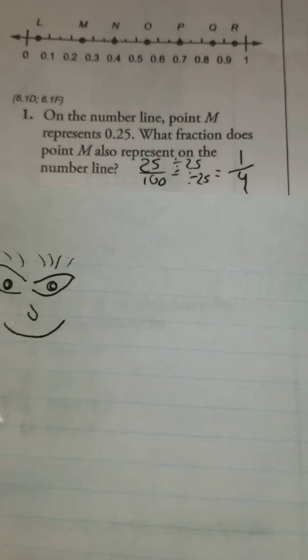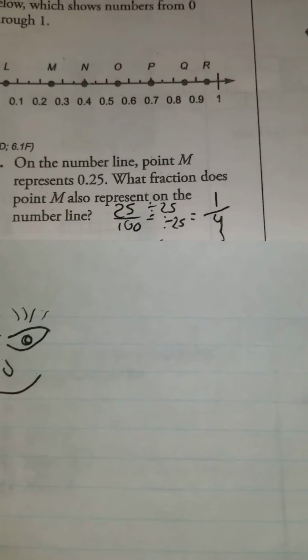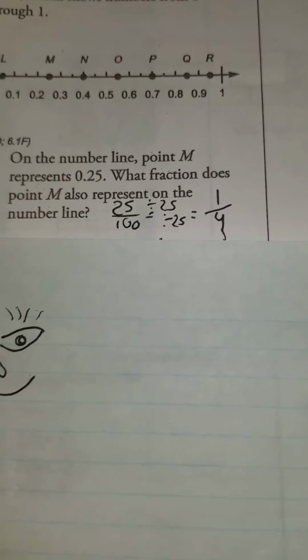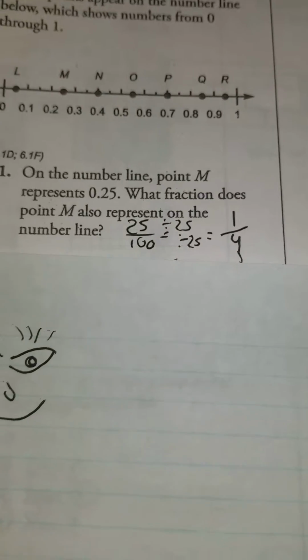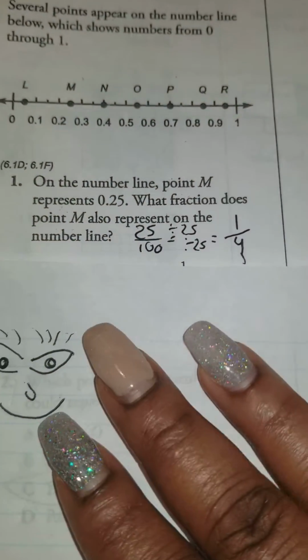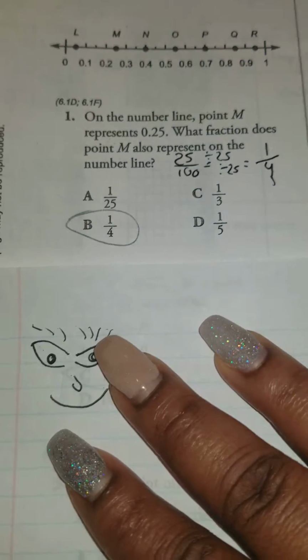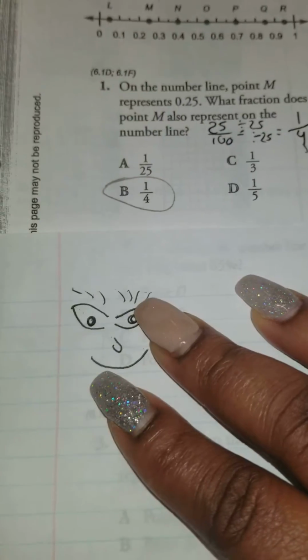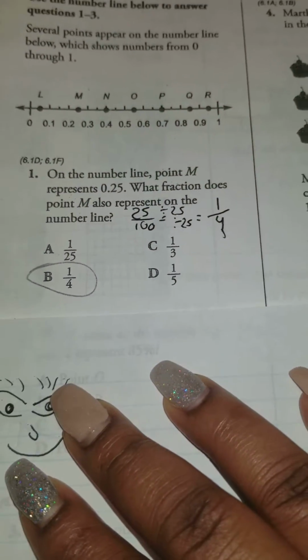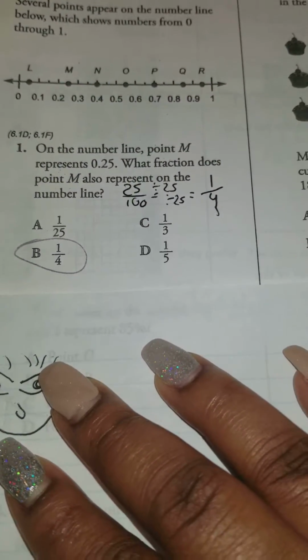Remember, when you see fractions dealing with fourths, think of a dollar. So 25 over 100, we simplified it and got 1/4. So our answer has to either be 25 over 100 or 1/4. Let's look. B, 1/4. Ding, ding, ding. If you guessed 1/4, you got it right.